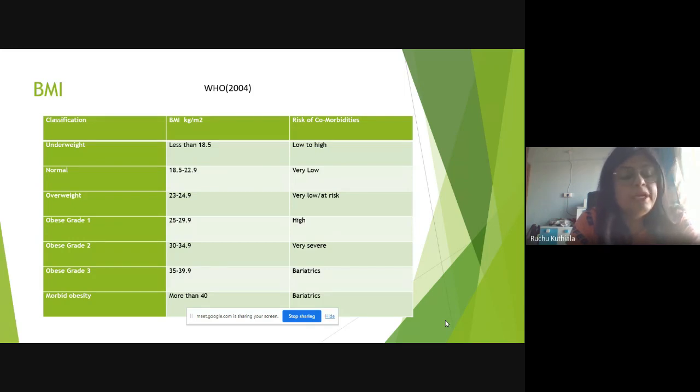Another is that you should also be looking at the angle of the thyroid gland imbalance in the underweight. Generally, as we all know, the thyroid gland is responsible for the BMR. That means the thyroid gland basically controls the functioning of all the organs.